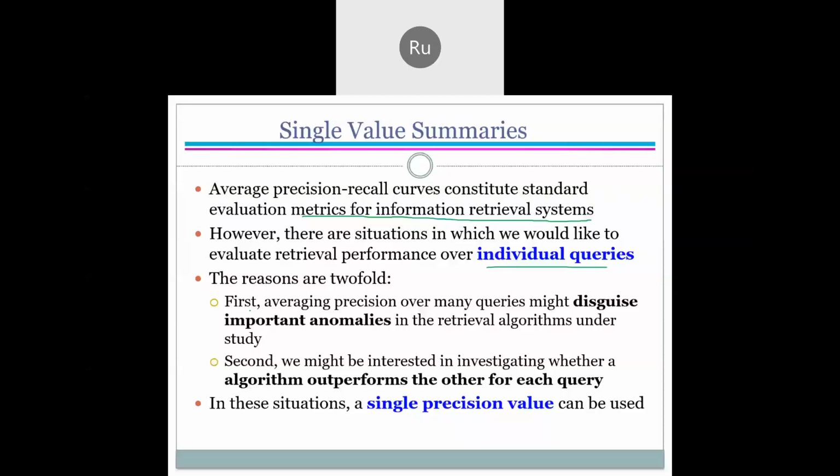The reasons are twofold. The first one is averaging precision over many queries might disguise important anomalies in the retrieval algorithm under study, so it's not good to take the average. The second one is we might be interested in investigating whether one algorithm outperforms the other for each query.